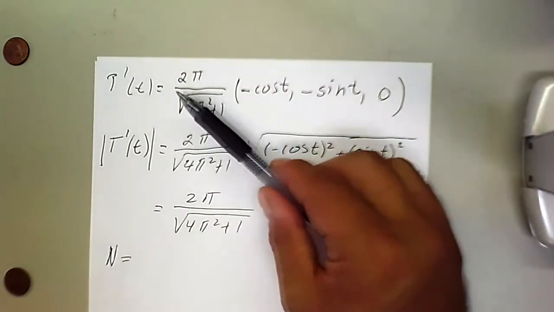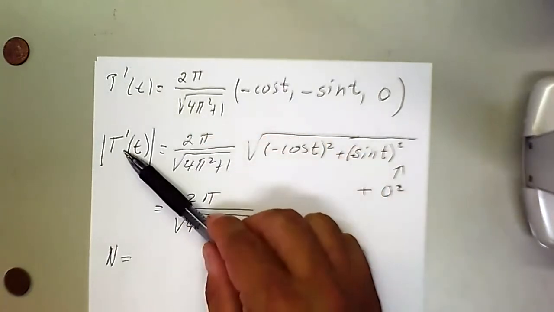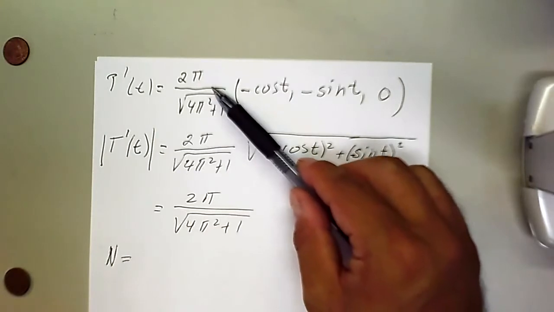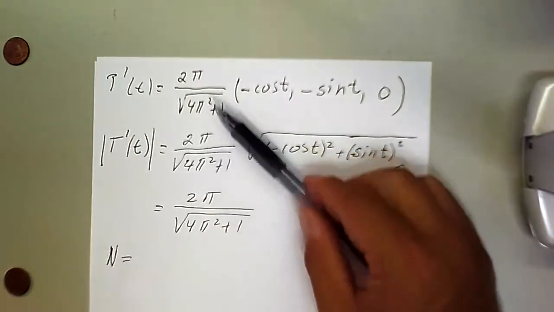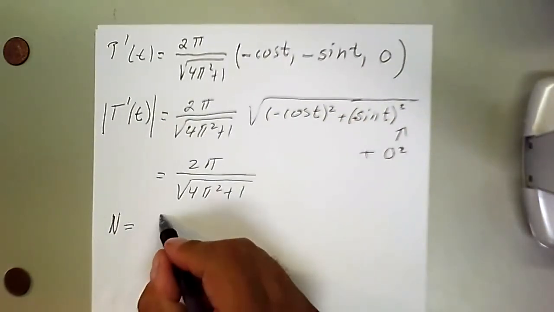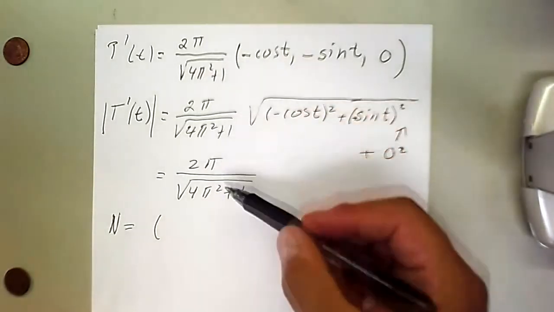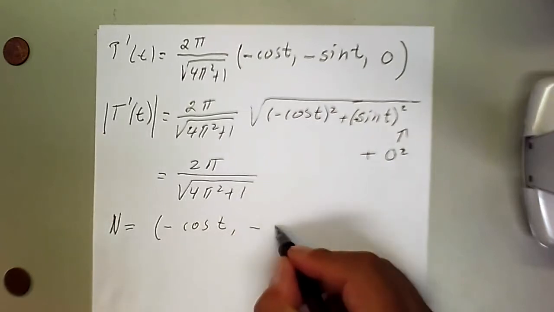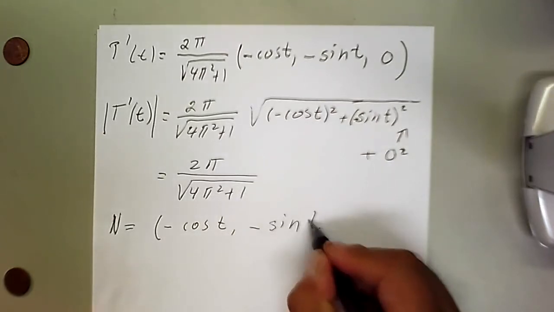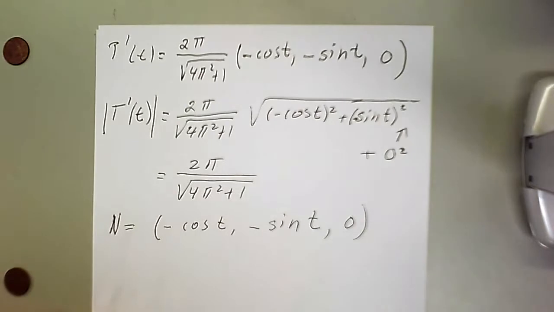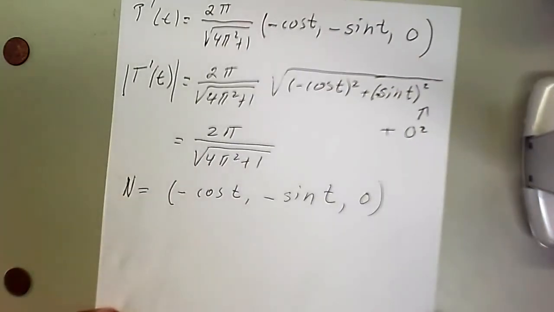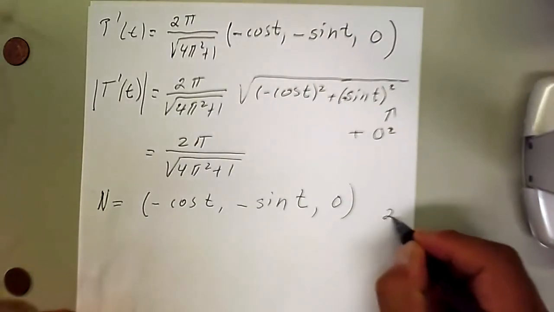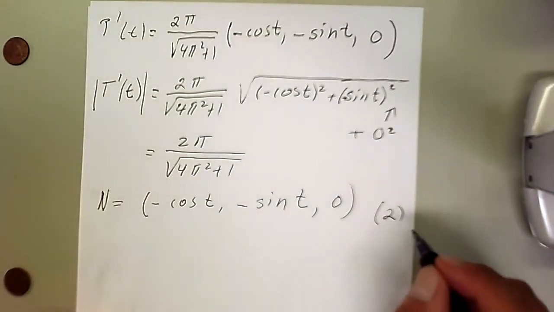I'm not going to put the 1 down. That's just going to go away, and we end up with negative cosine t, negative sine t, 0. So that is, we're going to label that as equation 2. That is our normal vector.